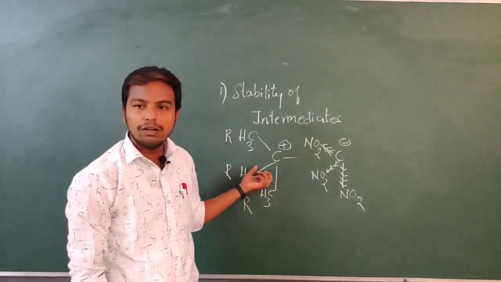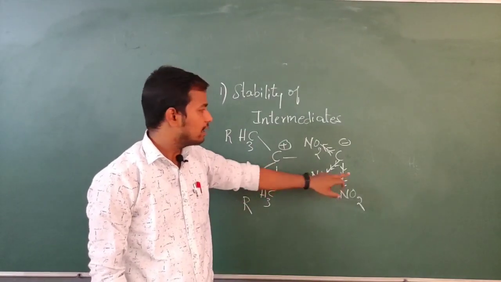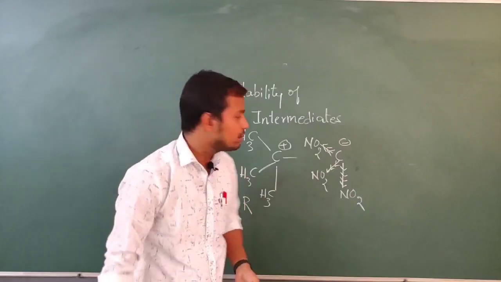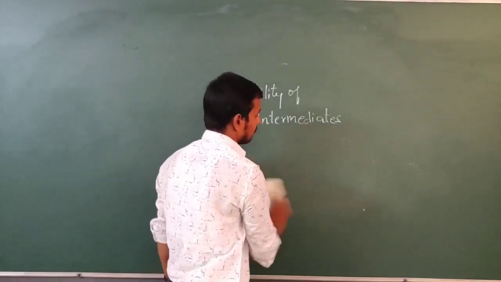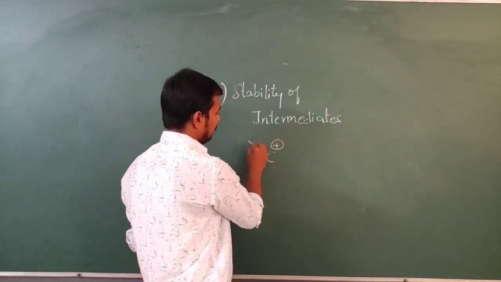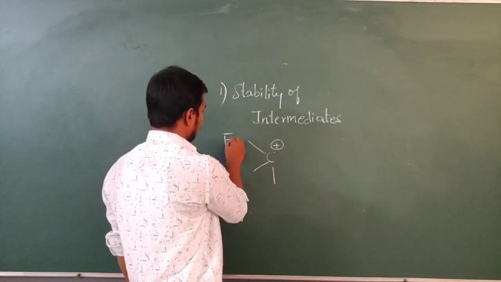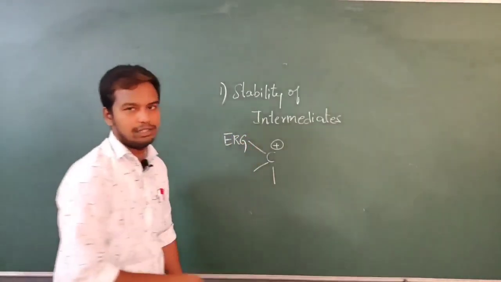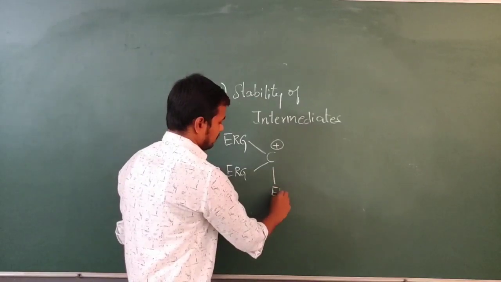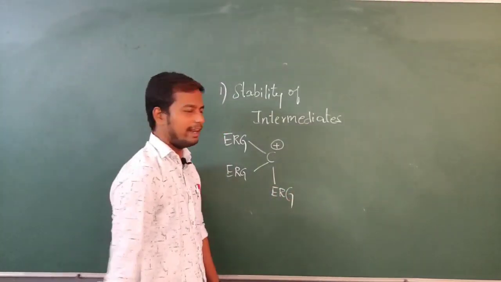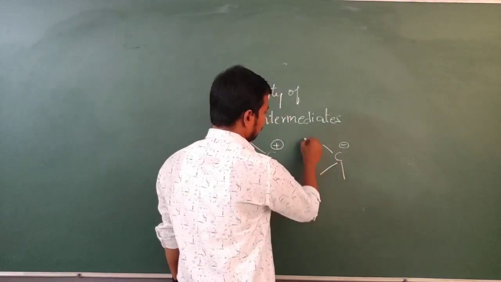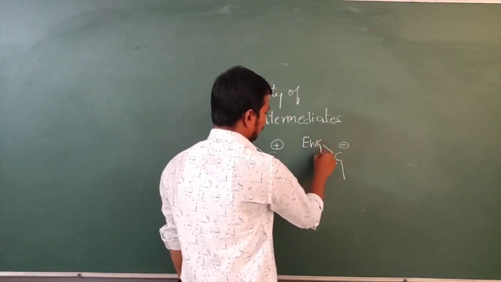So carbocations with electron releasing groups are stable, whereas carbanions with electron withdrawing groups are stable. This is in general. Electron releasing group is represented as ERG. Why?